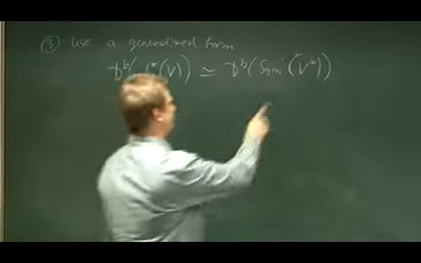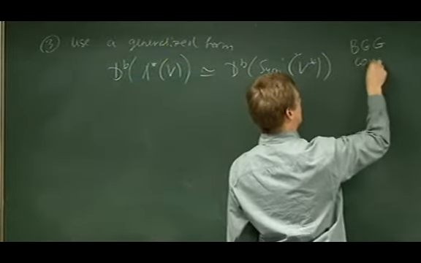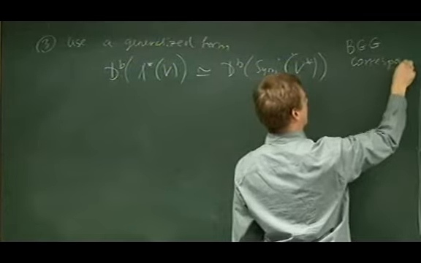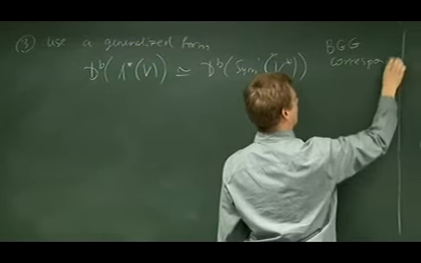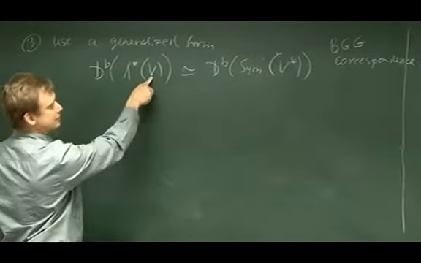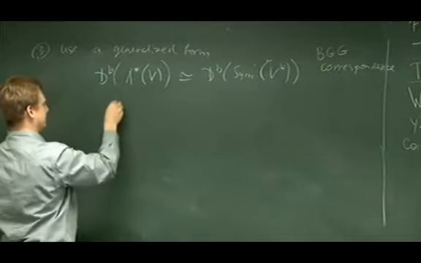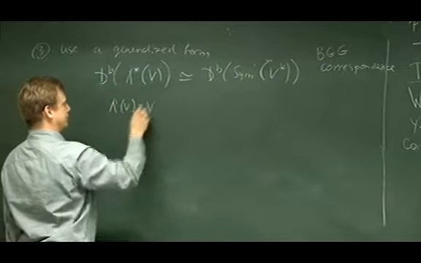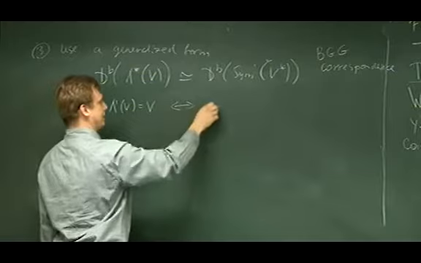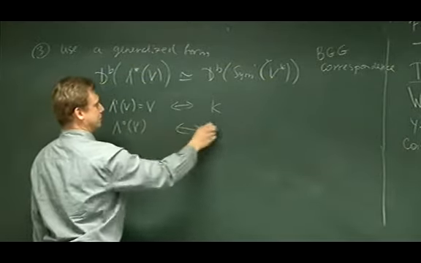So just for reference, this is called BGG correspondence. And you say that instead of a vector space, you take just rank 1 sheaf, which is K. So lambda 1 of V, which is V itself, corresponds to K, and lambda 0 of V corresponds to O.